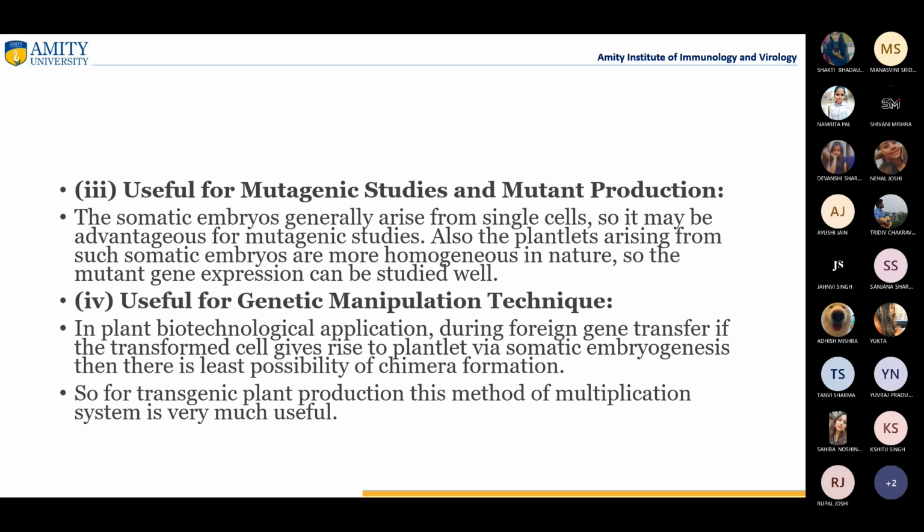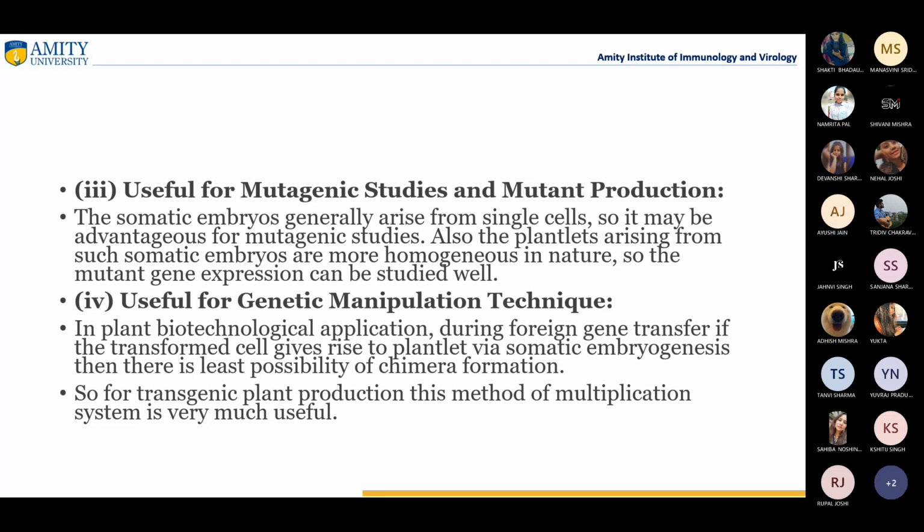Then useful for genetic manipulation. So genetic manipulation is, again, manipulating the genome of a plant, maybe for increasing yield, maybe for resistance to a pathogen, or for any other reason, right? So in plant biotechnological applications, during any foreign gene transfer, if a transformed cell gives rise to a plantlet by somatic embryogenesis, there is the least possibility of chimera formation.